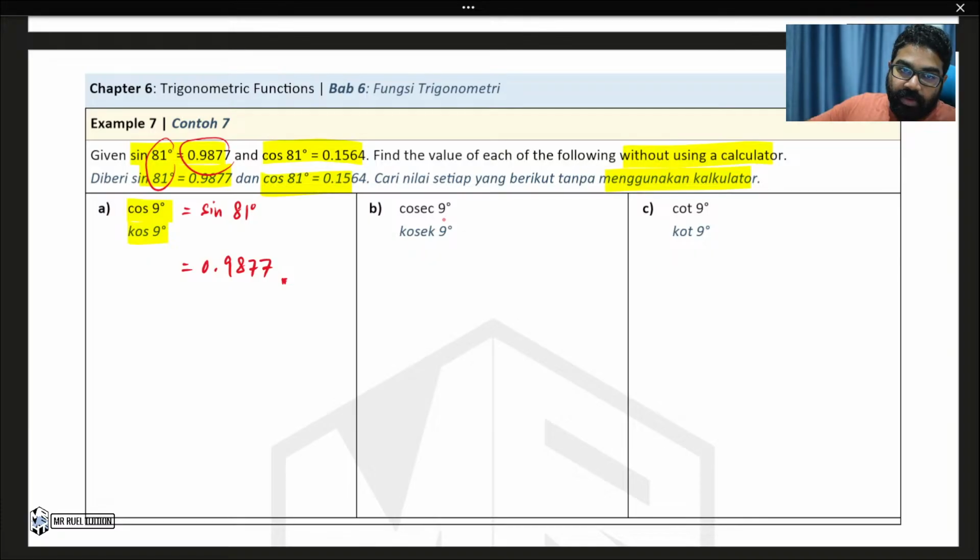So kalau cosecant 9. Now, we have the value of the complementary angle sin and cos, kita ada nilai dia. So, what will this be? Cosecant will be equals to secant, kan? Cosecant equals to secant complementary.